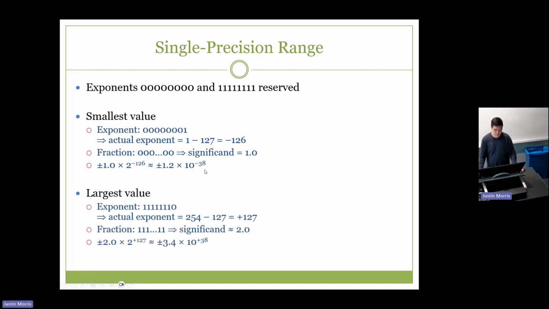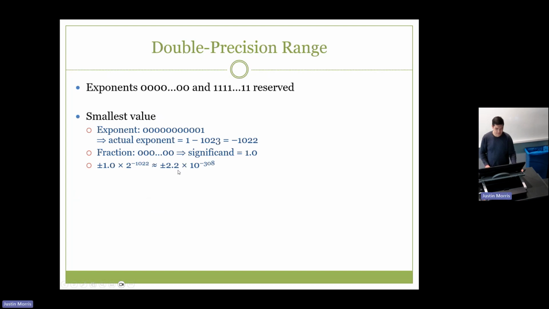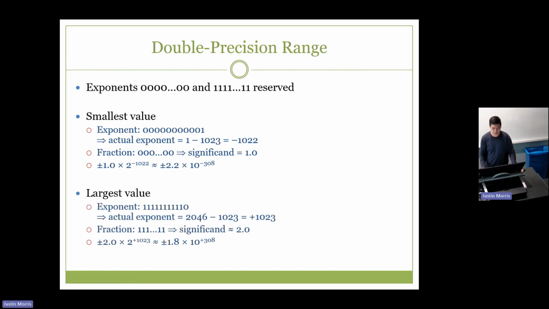And then the largest value is going to be 254 minus 127. If we figure that out in decimal, it's 3.4 times 10 to the 38. And this is positive or negative. By smallest, we just mean how close can we get to 0. And then same thing for double precision. You can get a lot smaller, a lot larger.